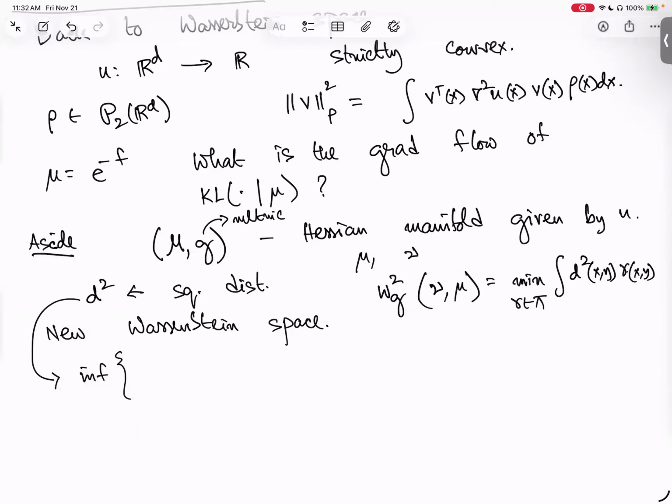So if you say D square between two points, P and Q, you would be looking into the infimum of all curves x t, such that x0 is P, x1 is Q, and this is the integral of the norm of x dot t with respect to this new norm G, dt. Exactly. Okay, thank you. Good. Any other questions?